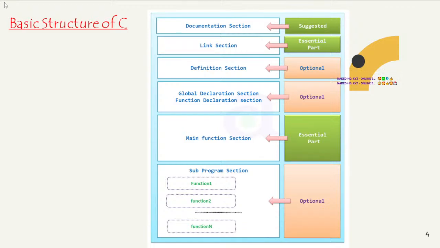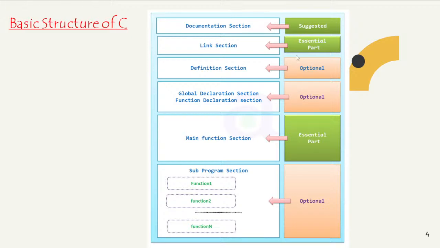The basic structure of C consists of 6 parts. The first is the documentation section, the second is the link section, the third is the definition section, the fourth is the global variable declaration or function declaration section, the fifth is the main function, and the last is the subprogram section.